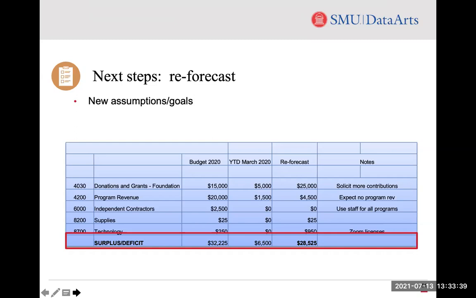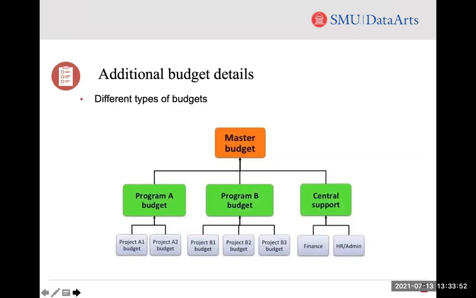Before we wrap up, now that we've covered a budget cycle from creation to analysis to mid-year corrections, I want to mention a few other budgeting ideas and best practices. Depending on the size and complexity of your organization, you may need different levels of budget: a program budget for each of your organization's programs, a project budget, which may incorporate several programs, as well as the whole organizational budget.